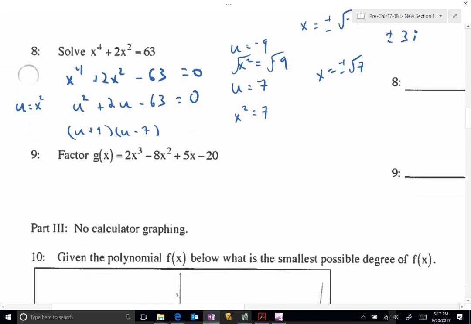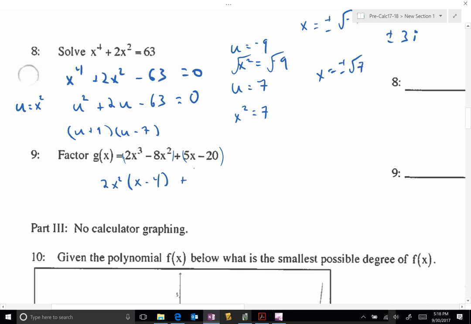Question 9. This one we can actually factor by grouping. So I'm going to group the 2x cubed and the 8x squared together, and we'll group these two together. In the first grouping, we're going to factor out a 2x squared, and we'll be left over with an x minus 4.